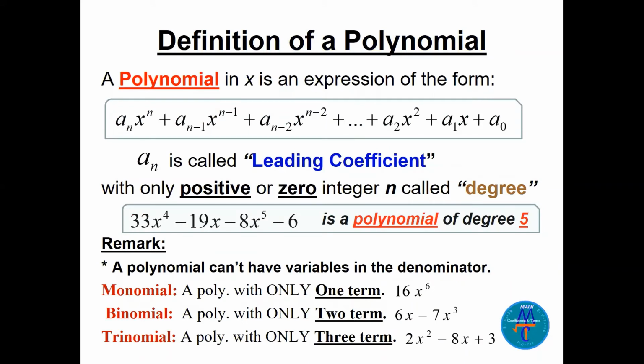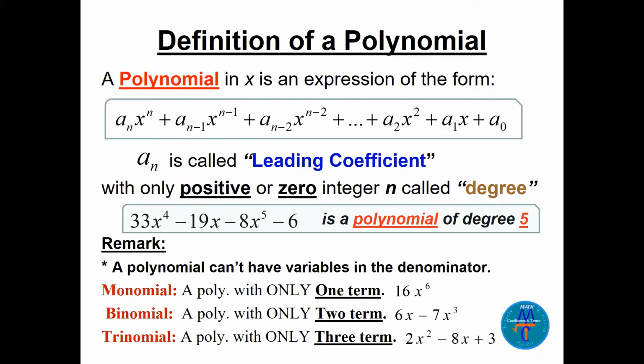Now, what is a polynomial? Polynomial is an expression of this form. We have a_n x to the power n plus a_(n-1) x to the power n minus 1, etc., plus a2 x squared plus a1 x plus a0. So polynomial, to explain it, is many terms.